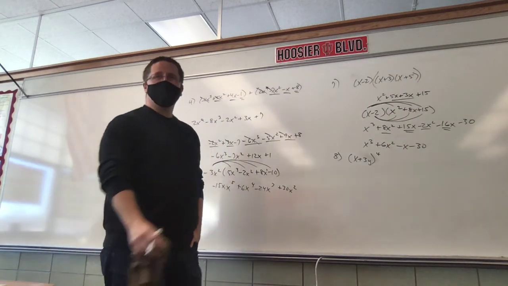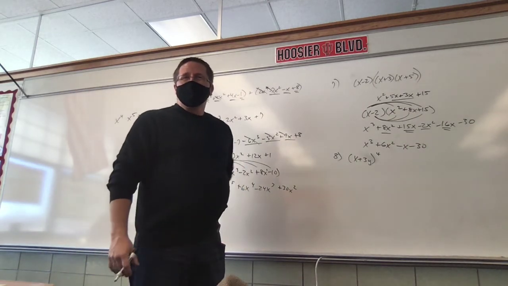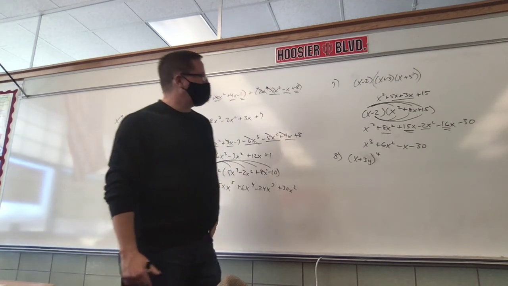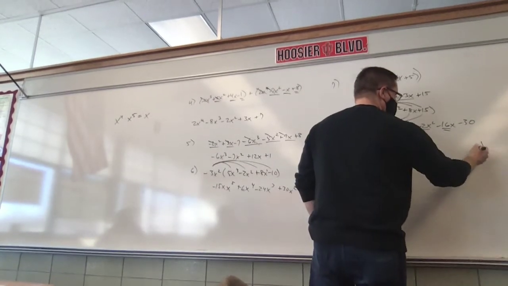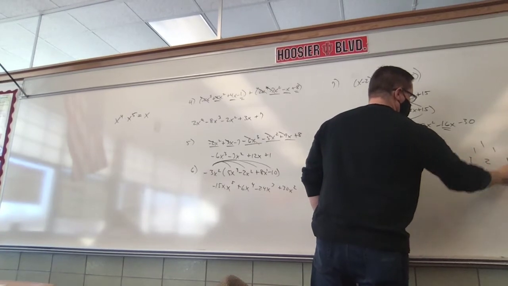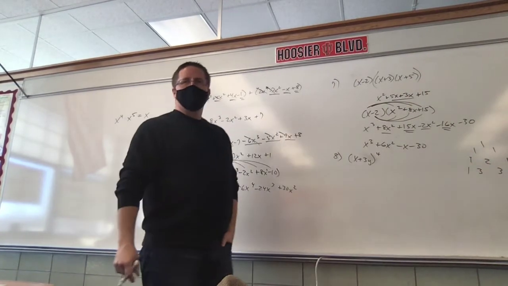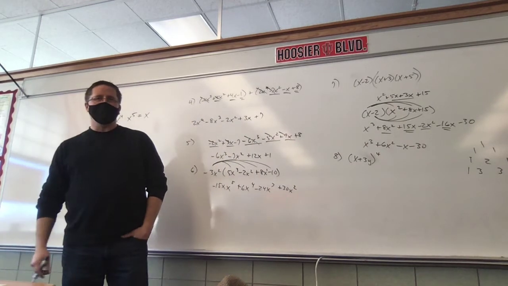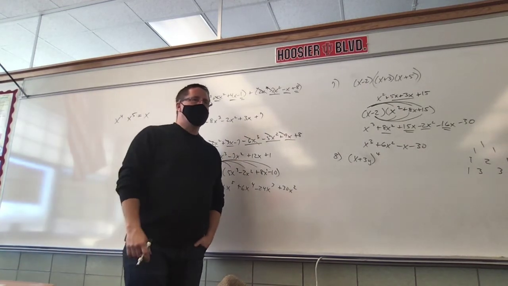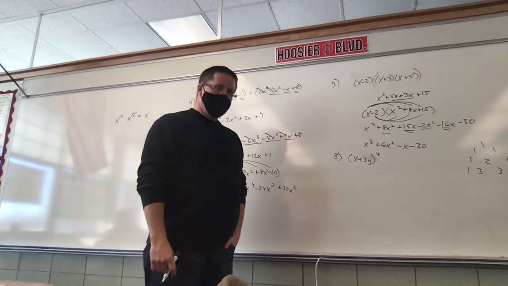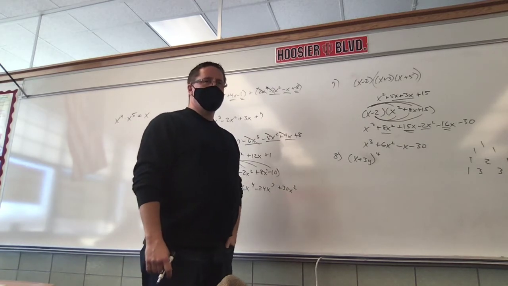Anybody have any idea how? No? Okay. You guys remember this thing? You remember what that thing was called? Something triangle, some sort of triangle. Pascal's triangle. Okay, Pascal's triangle.